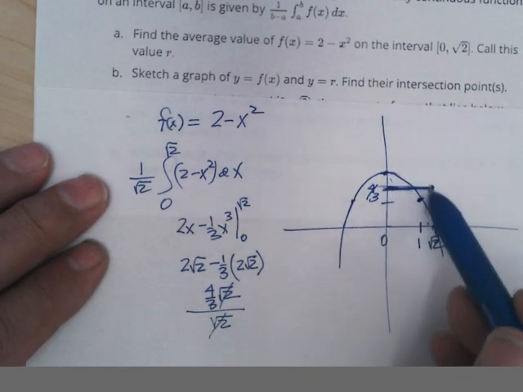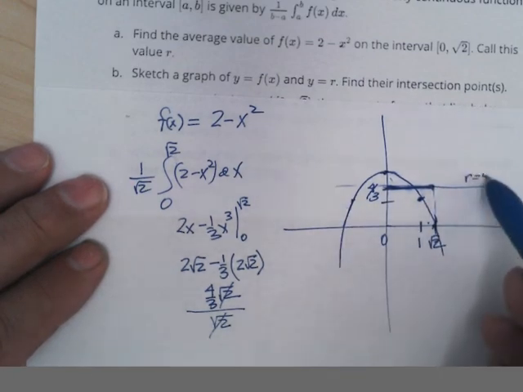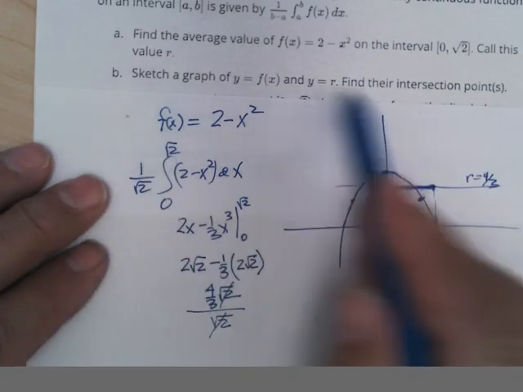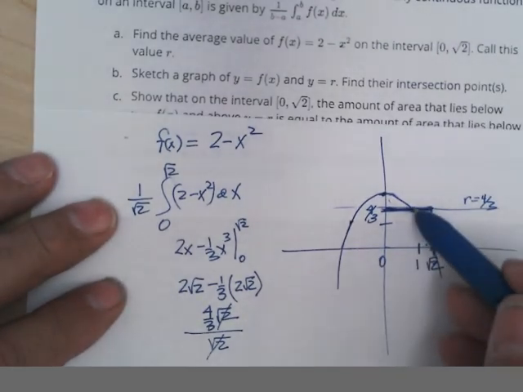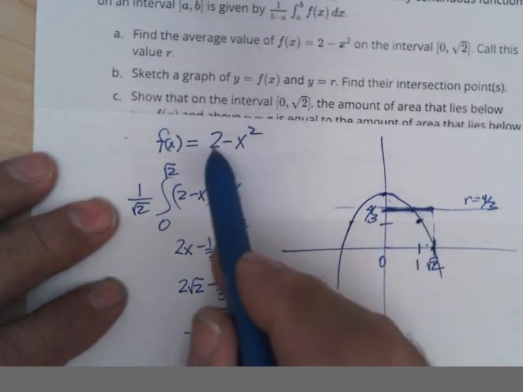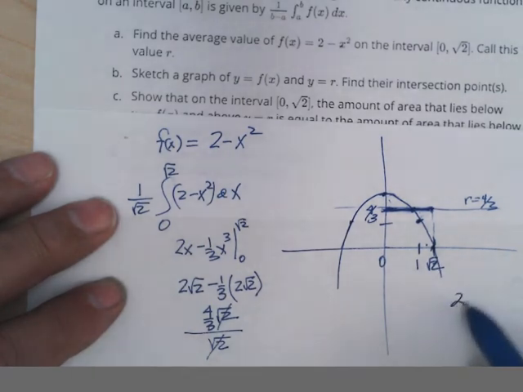Now, to verify that, they said sketch y equals 4/3, and then find the intersection. Well, we haven't found the intersection here, so we have to find out when this is 4/3. So we have 2 minus x squared equals 4/3.